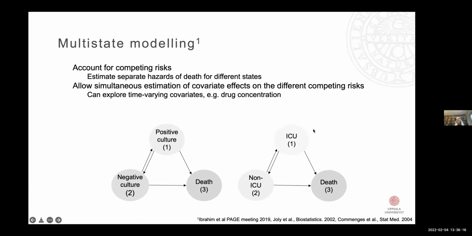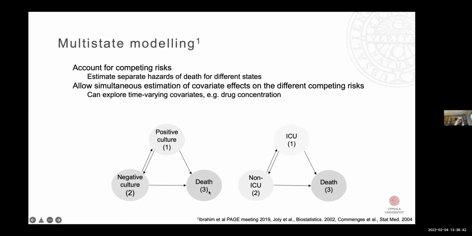And this is a statistical method where you can look into different states. So the patients would, for example, start here with a positive culture. So they have the bacteria, and then as time goes by, they may turn negative. So there are no longer bacteria. And if it's worst case, then of course they will die.